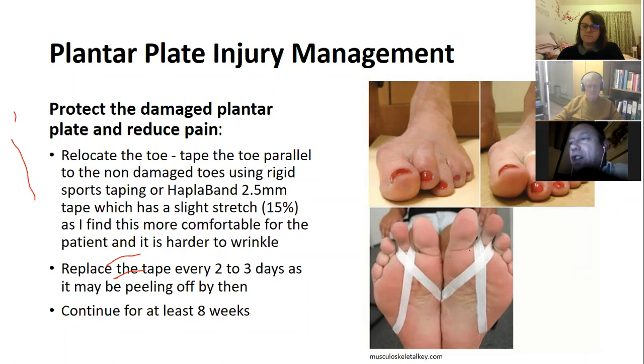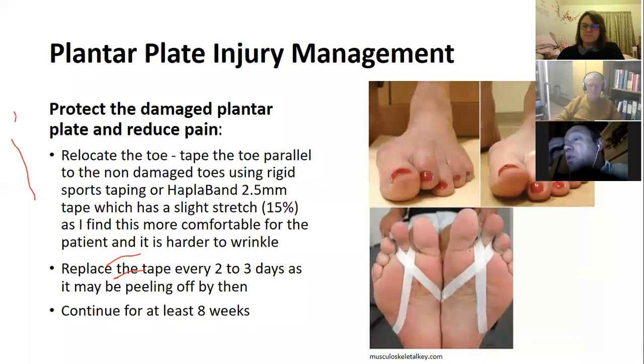Now, you can use sport strapping. You can use a non-stretch strapping, a zinc oxide style tape, that's fine. You can also use, and I use one called Haploband, which has a slight stretch in it. So it stretches slightly, it allows a tiny bit of play in that toe. I prefer this for my elderly patients.